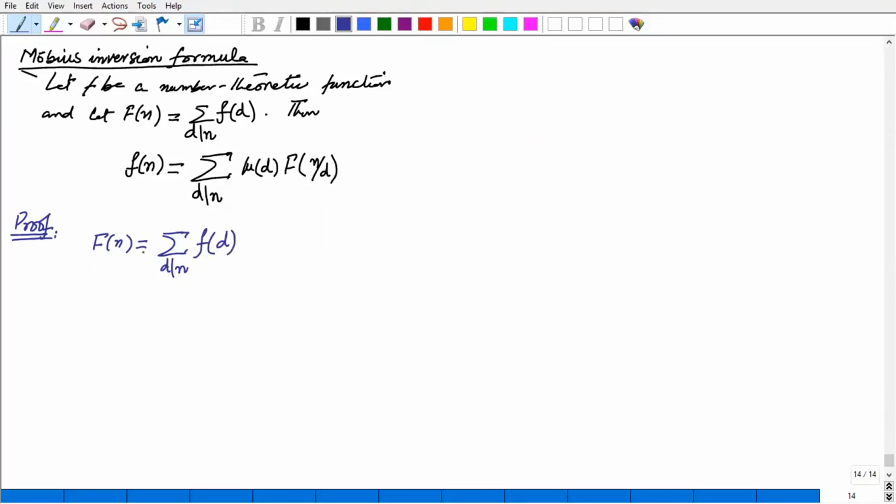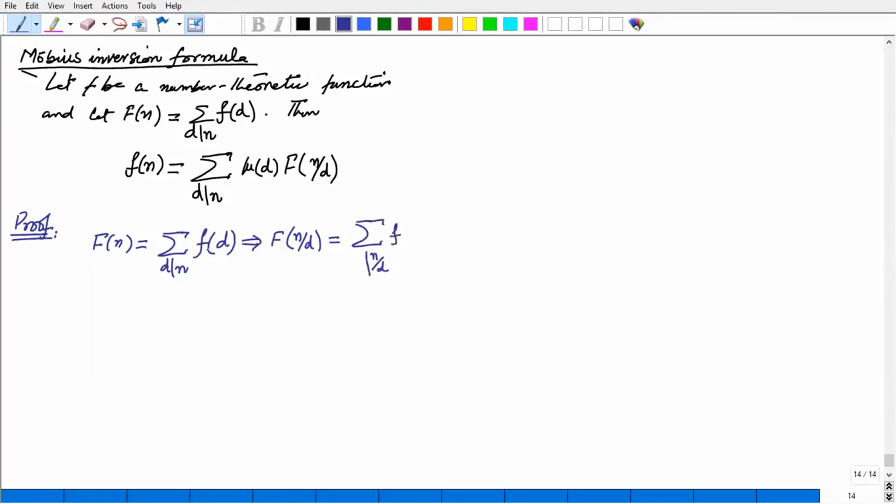So if we replace this n by d, in that case F(n/d) is equal to a sum.